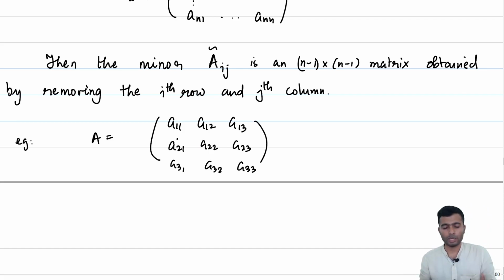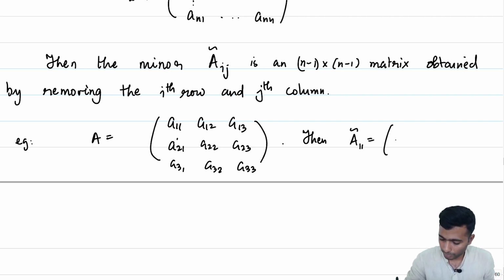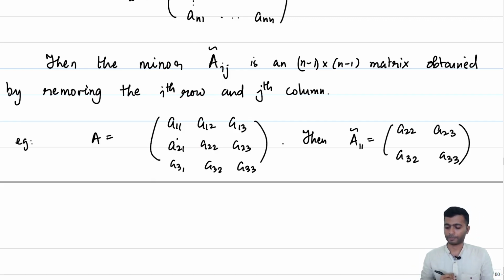Let us look at some of the minors here. Then what will be the first minor? Let us say A11 tilde, that is just going to be equal to A22, A23, A32, A33. As you can notice, the first row and the first column has been removed.